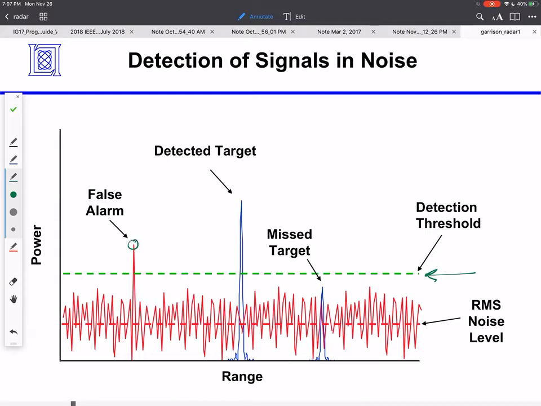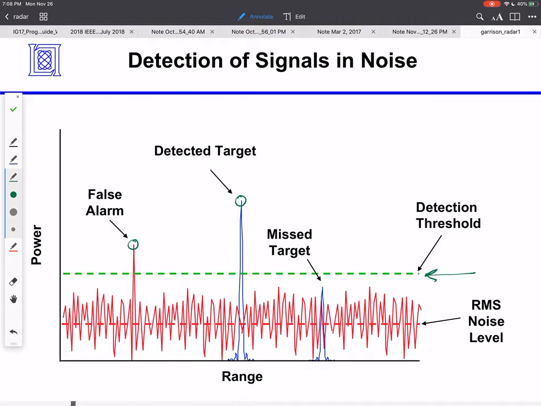One is if I set my detection threshold too low, there's going to be a probability that my noise gives me a false detection. Of course, there always will be such a probability; it's just, what is that rate? It's analogous here to the bit error rate in bits: my false alarm rate on detecting a target.